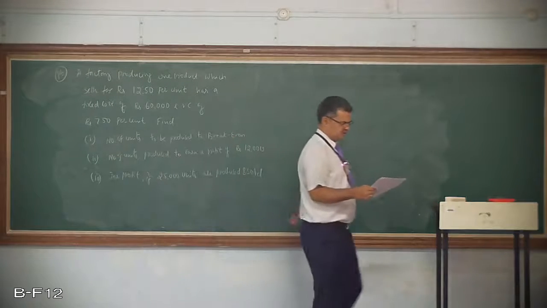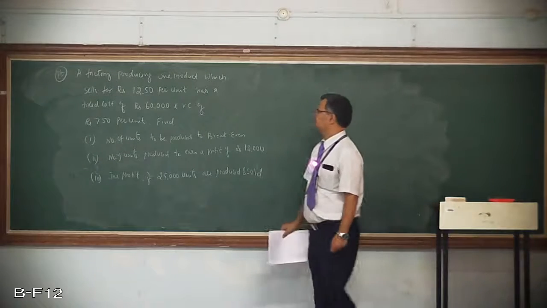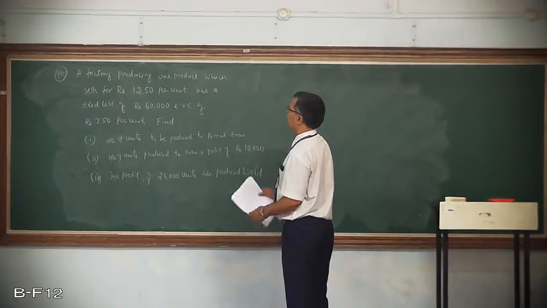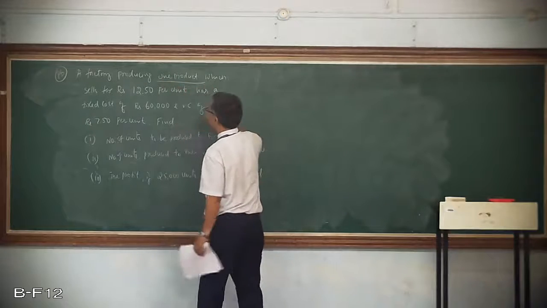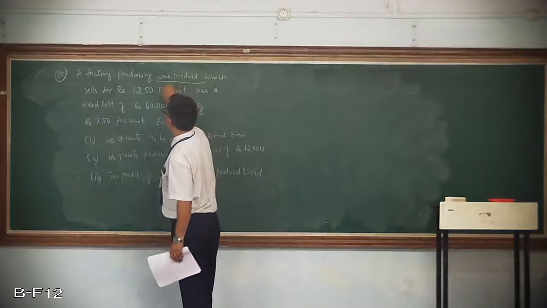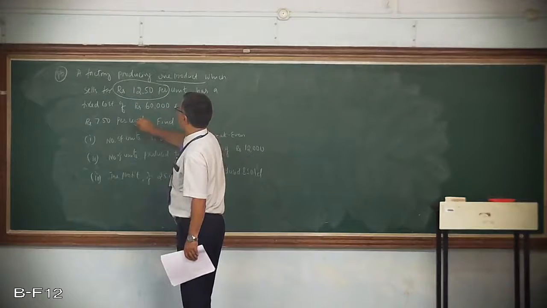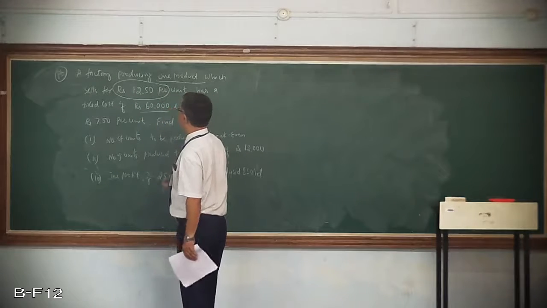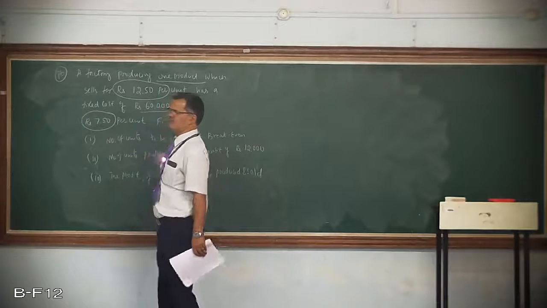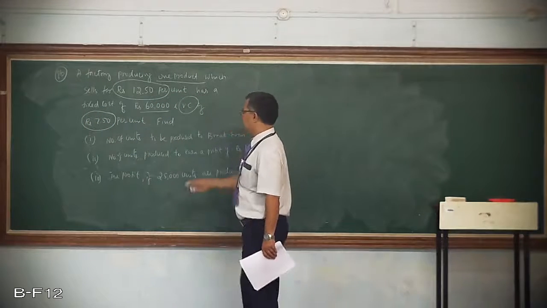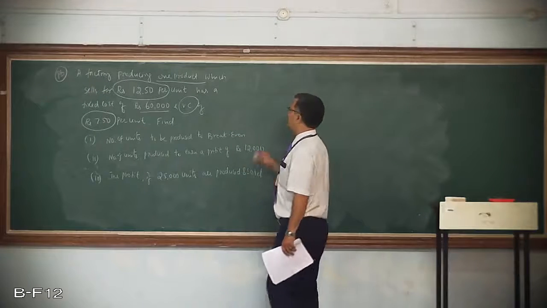First, you have to find out the break-even point. A factory producing one new product, which has selling price rupees 12.50 per unit, a fixed cost of 60,000 and variable cost of rupees 7.50 per unit. Now you have to find out the number of units to produce to break even. So you have to find out the break-even point.